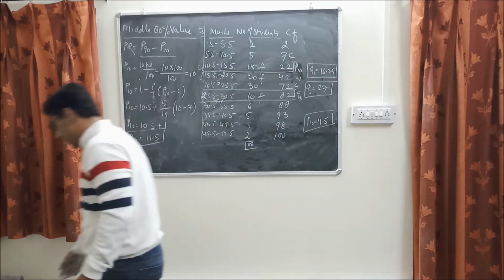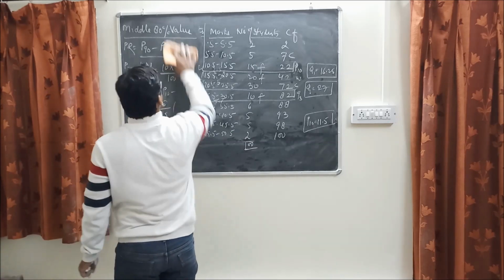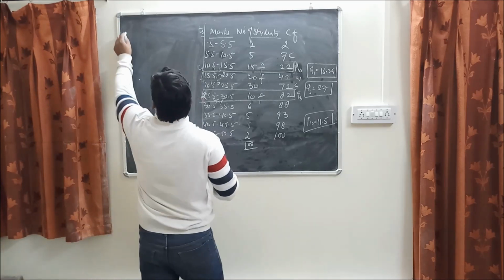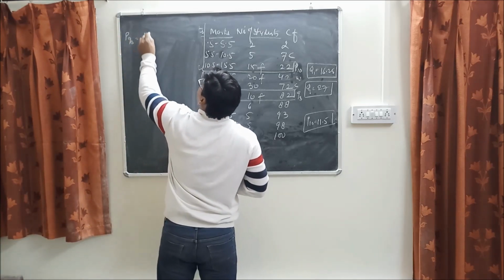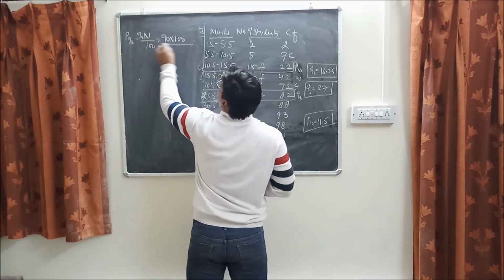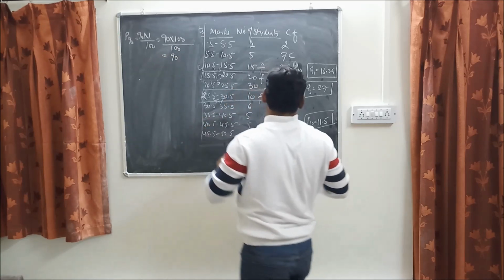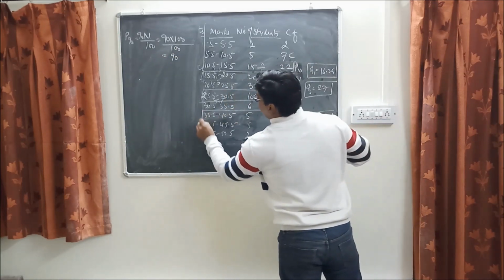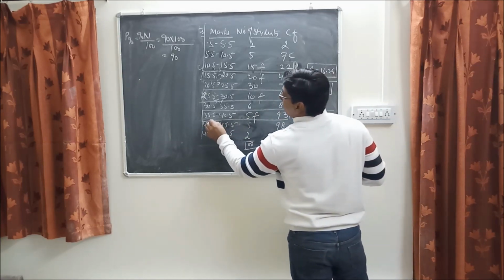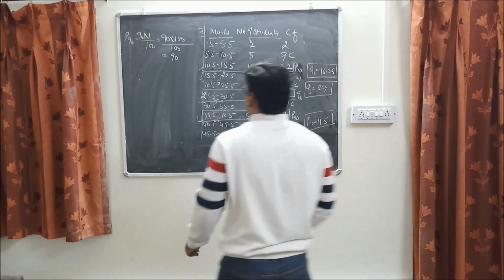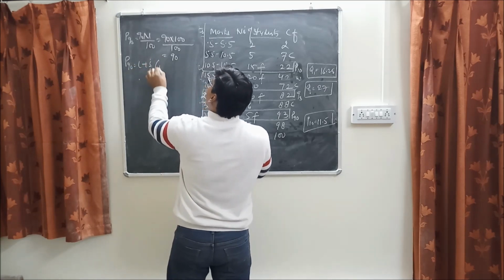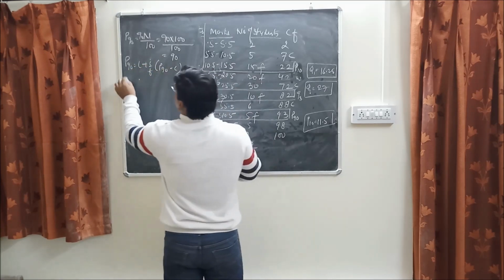Now same, we calculate P90. N upon 100 into 90. 90 into 100 upon 100, it is 90. 90 comes in 93. It is the P90 group. It is C, it is F, I equals 5, it is L. P90 equals L plus I upon F into (P90 minus C).